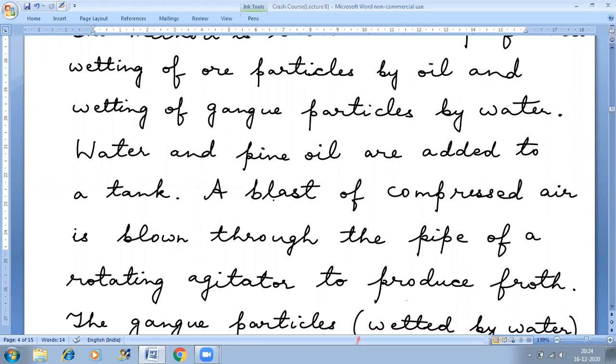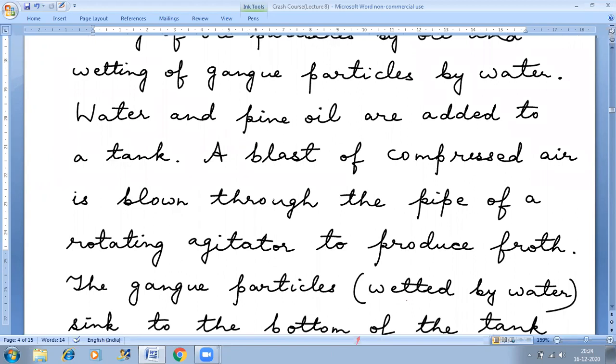to introduce froth. Froth means bubbles, here the bubbles which are produced. So froth is produced by introducing highly compressed air. That air is passed through the pipe of a rotating agitator. The agitator will produce the froth uniformly because it will keep stirring and moving.